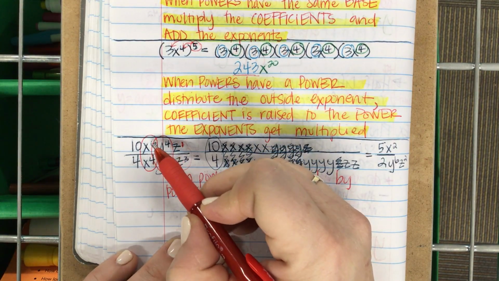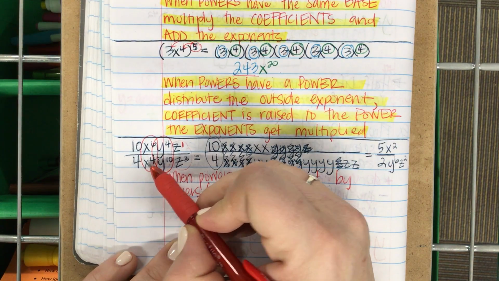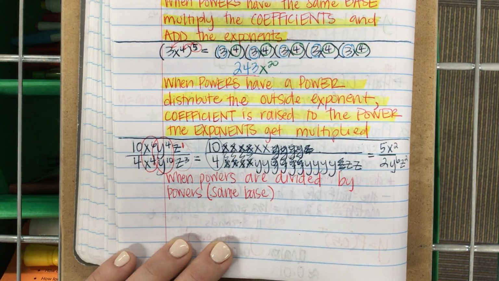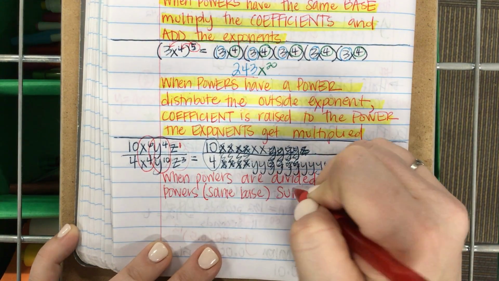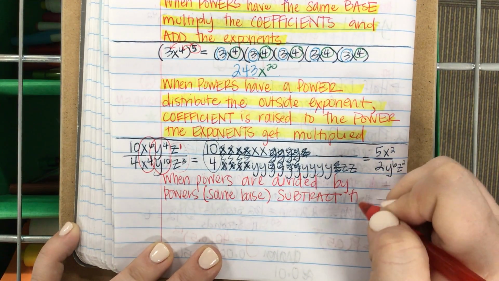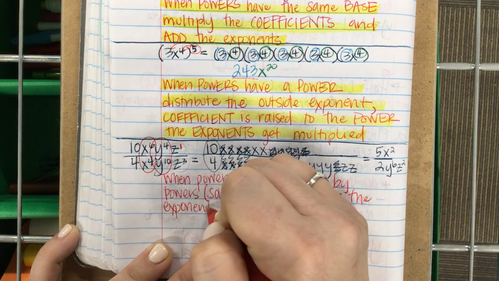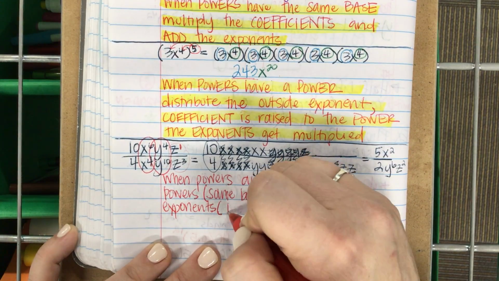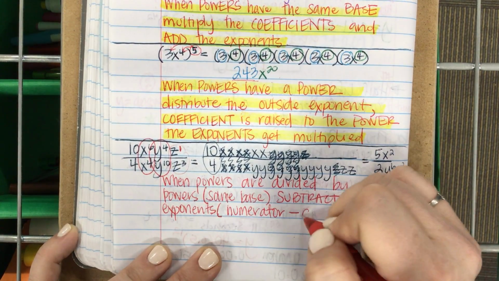If it was x to the 6th over b to the 4th, would those cancel out? No, they have to have the same base. Subtract the exponents, meaning the numerator minus the denominator.